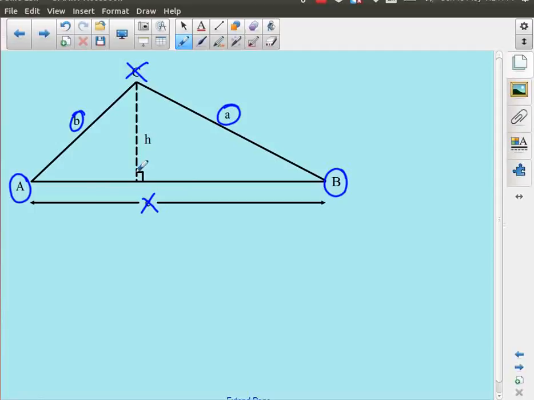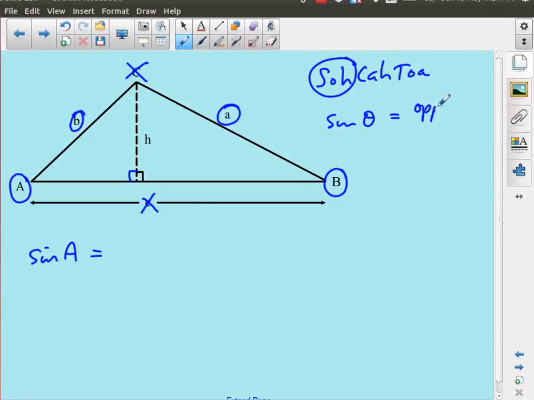Now, since this is a right triangle over here, and it is the sine law, what is the sine of capital A? If we remember from SOHCAHTOA, the sine of an angle is equal to opposite over hypotenuse. So for this angle A, where is my opposite?